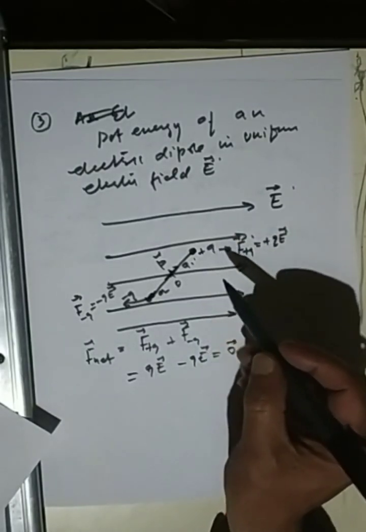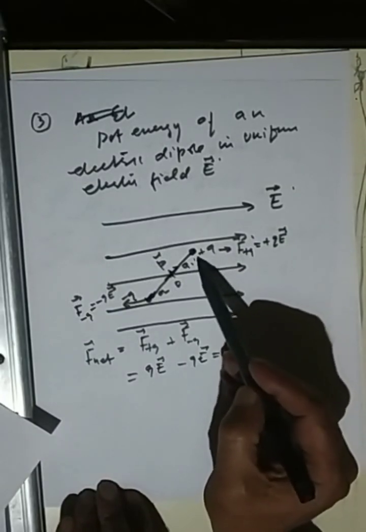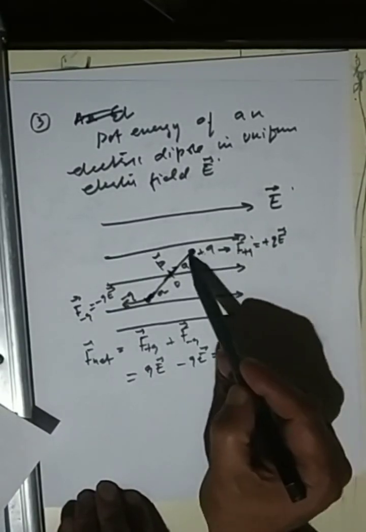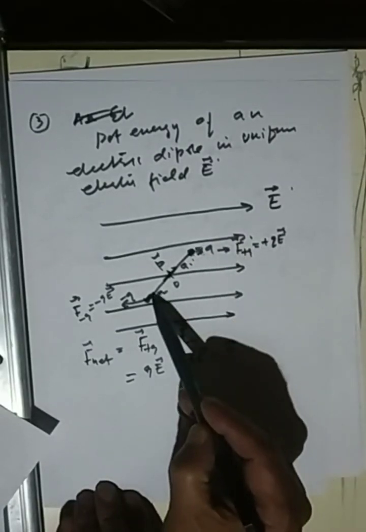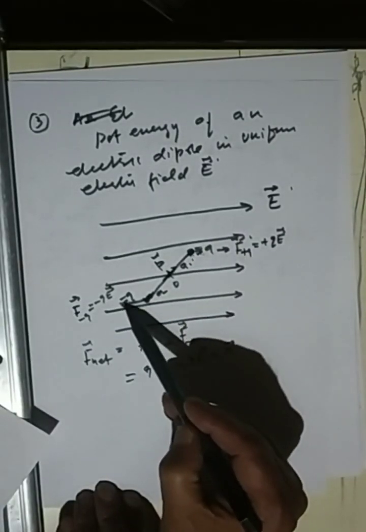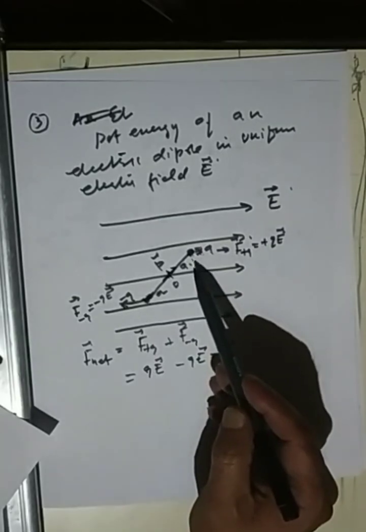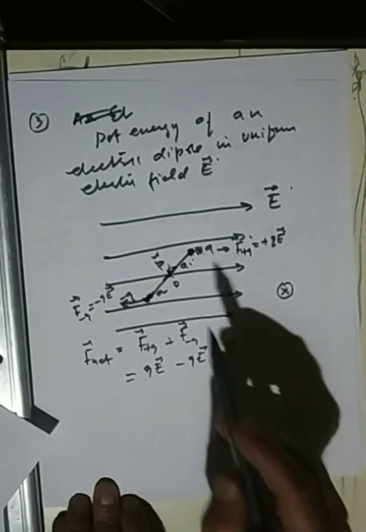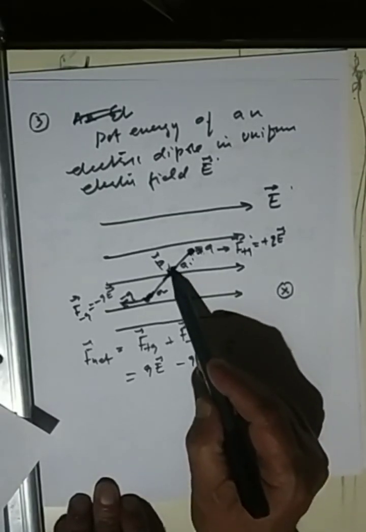But because of these two anti-parallel force vectors, one acting in this direction and the other in the opposite direction, the dipole will try to rotate, and hence a torque will act. This torque will be in the clockwise direction, pointing inwards. Now the torque has to do the work.